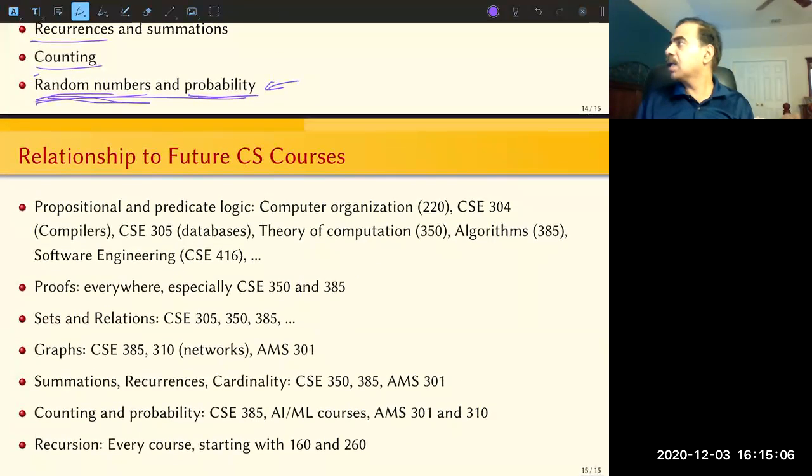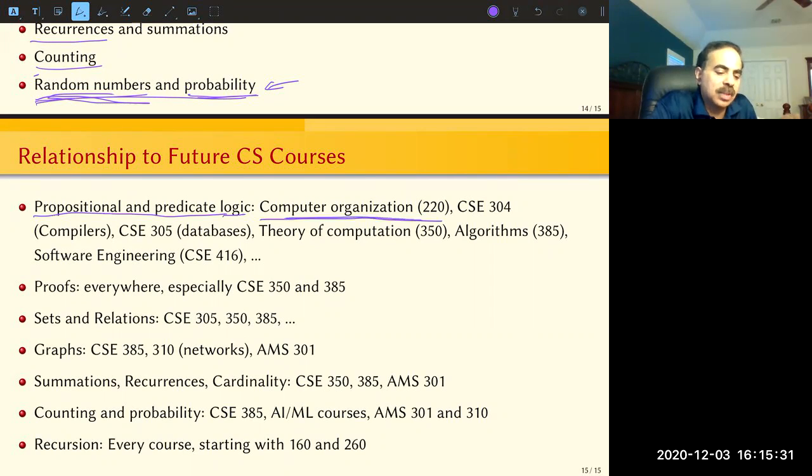So let me just end with this one last slide that gives you an idea of where all of what you learned takes you. Propositions and predicate logic are going to feed into many courses, and I'll mention some of them here.